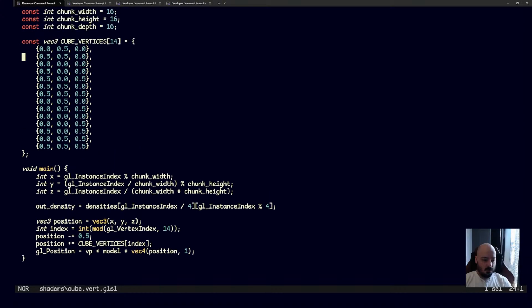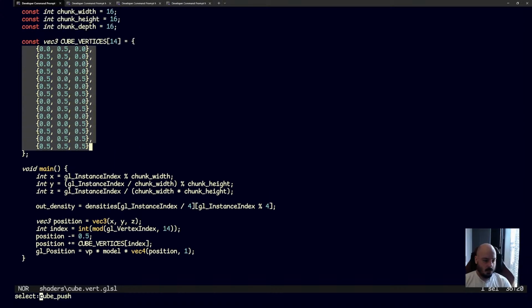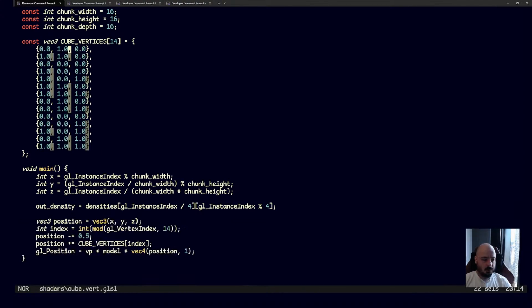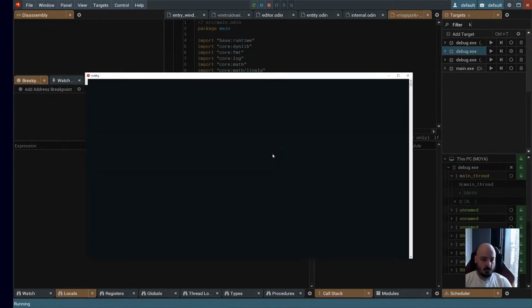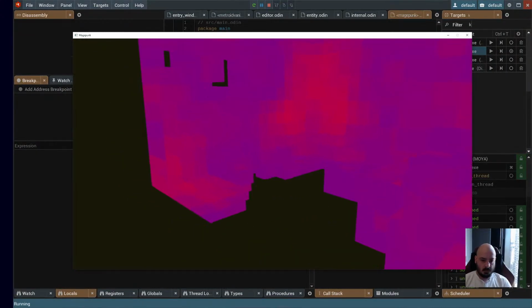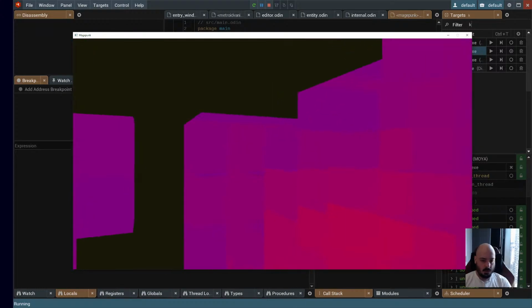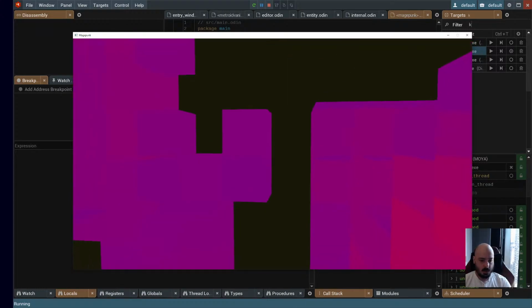Oh, right. So these are actually supposed to be 1.0, is that right? Let's see. I guess so. Okay, so that was actually correct. I think they're not overlapping, they're just kind of see-through.